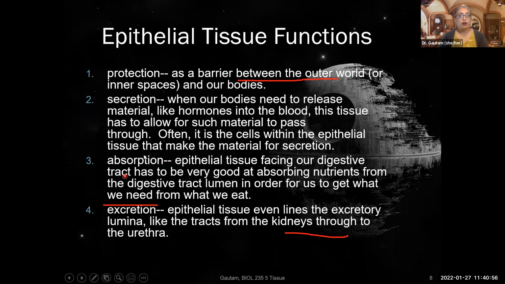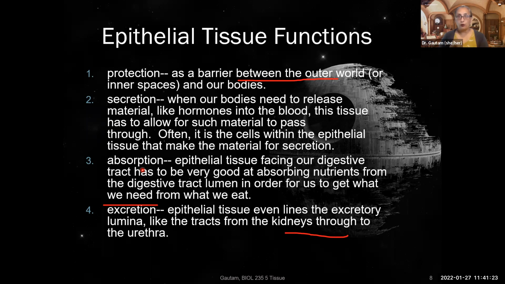They also have a role in absorption. So epithelial cells can also absorb materials. So where would you need absorption? Digestive system, right? So lining the stomach, the small intestine, and the large intestine are epithelial cells, because they're going to absorb those food monomers that we just talked about in our metabolism lecture, right?